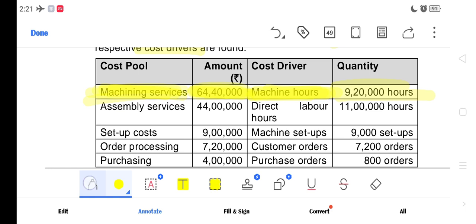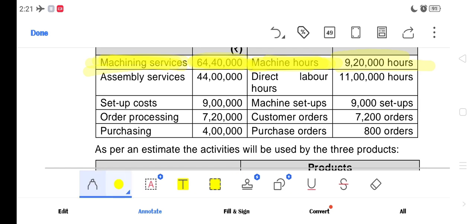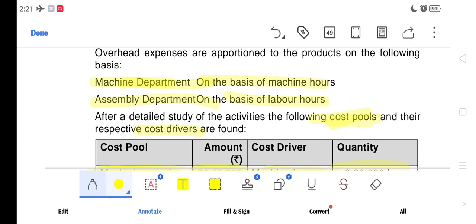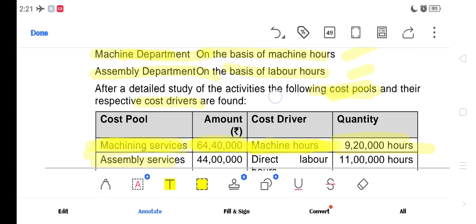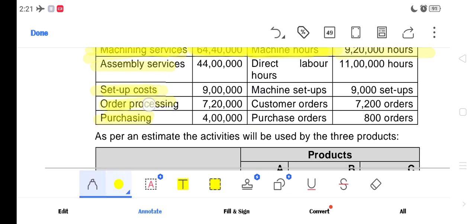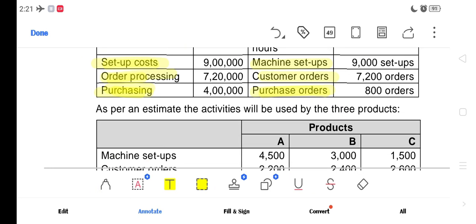Okay, some overhead expenses are given, like assembly and setup, processing and purchasing. For machine services and assembly services, they have given machine hours and labor hours. Then what are the cost drivers for the others? Machine setups, customer orders and purchase orders they have given. For that we need data, no?